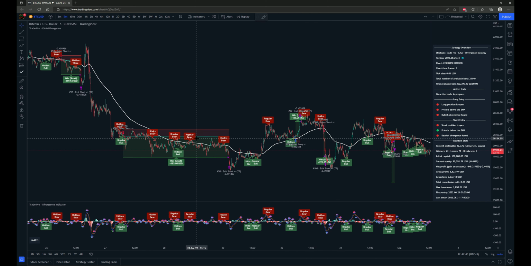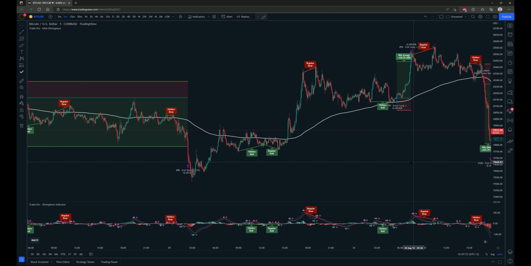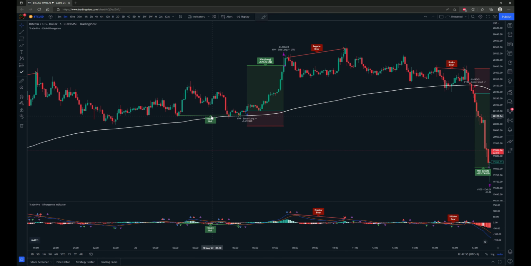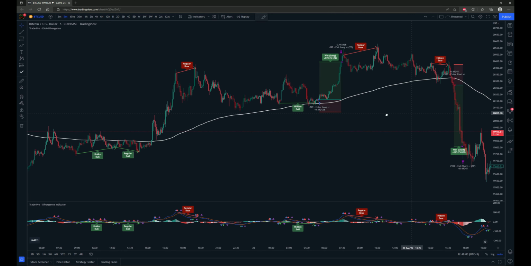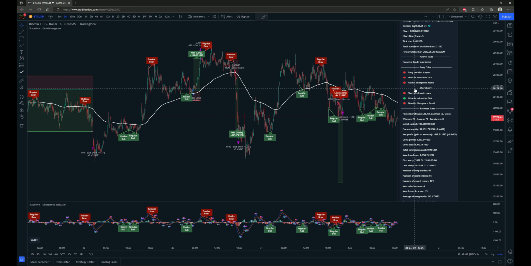Now it's going to be entering trades based on the parameters you have set with the divergence indicator and the parameters which you have set in the strategy itself. So we can see price is over the 200 EMA right here. There's a hidden bullish divergence, and it enters in long, and it places the stop loss and the take profit target based on the parameters that are set within the strategy settings.